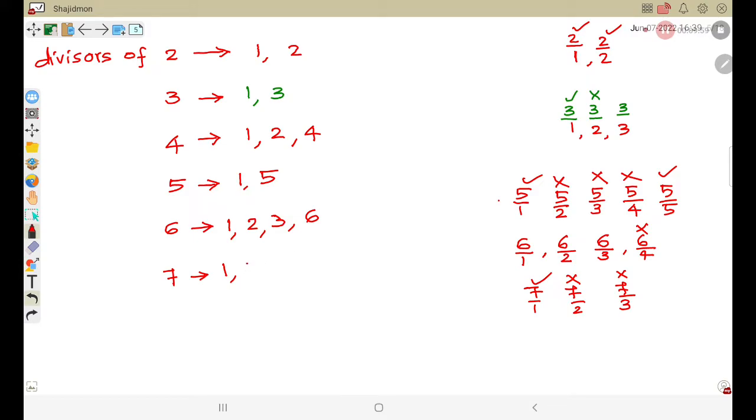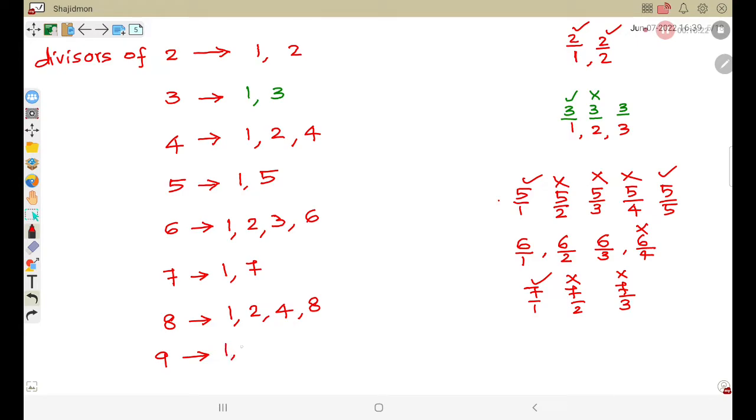So what is the possible number? Only 7, correct? So 1 and 7 only. Now the number 8, what are the divisors? 1 possible, 2 possible, 3 is not possible, 4 is possible, 5 not possible, 6 not possible, 7 not possible, 8 possible. Okay. Now what are the divisors of the number 9?